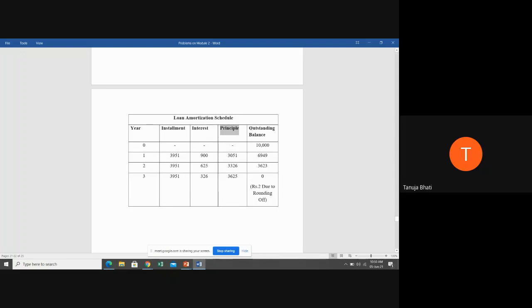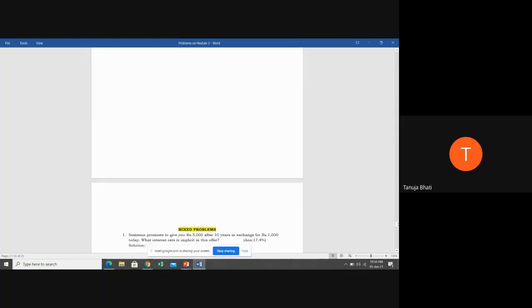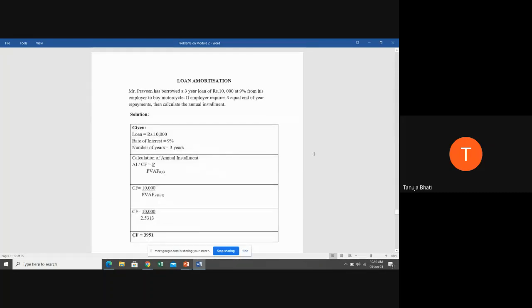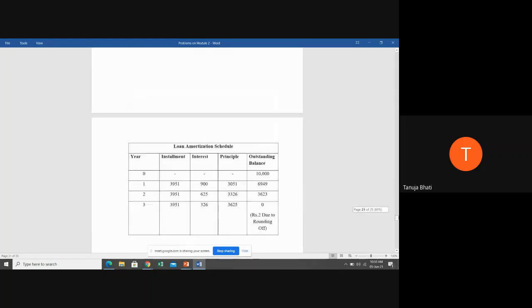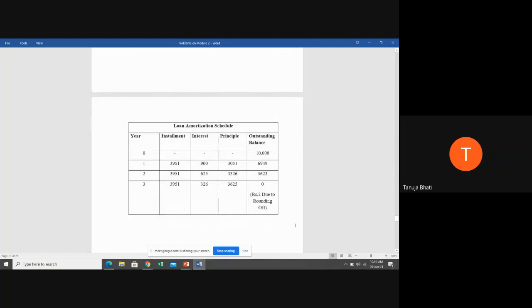And how do I derive the outstanding balance? Outstanding balance of the previous year minus the principal repayment of the current year. Correct. At the end of my loan period, which here was 3 years, what should my outstanding balance be? 0.